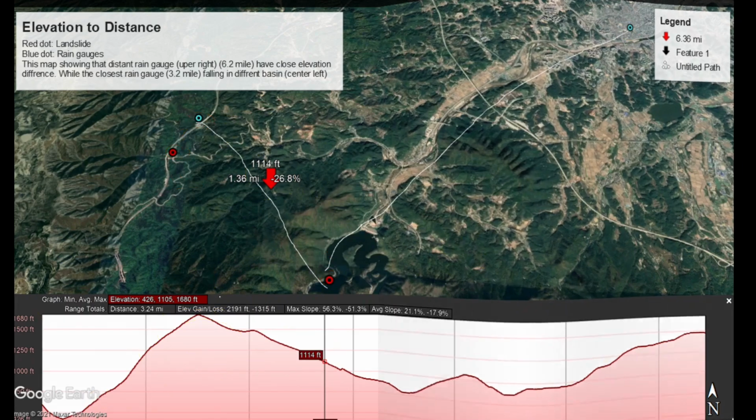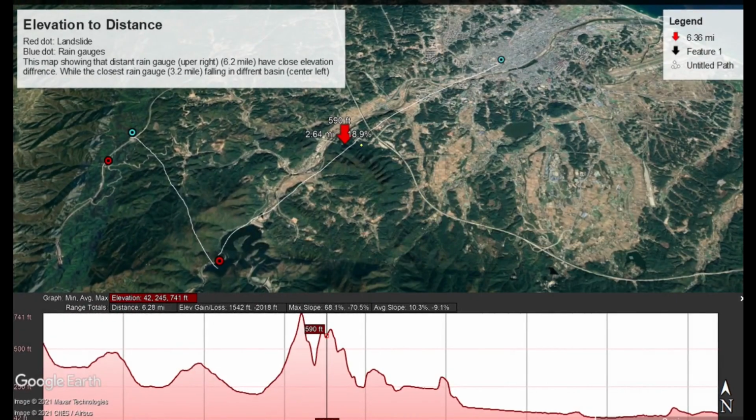While if we come to the station that is located in this part, if you see this, it's the city. This is the city here near the coast, and in here if you see this valley, and this is again the landslide that we talked about in the previous slide.